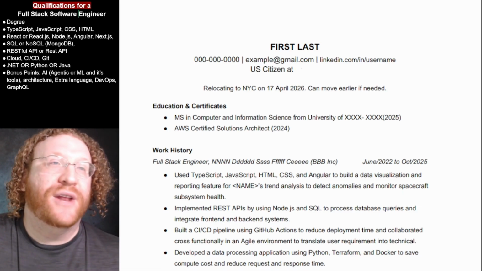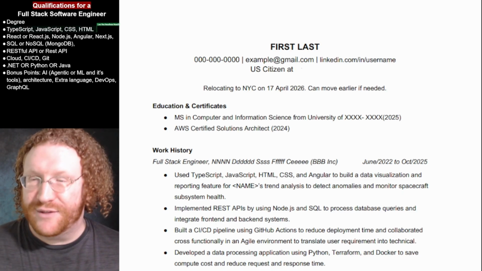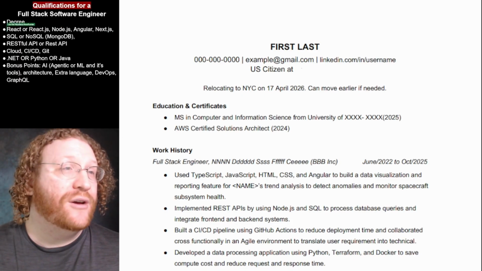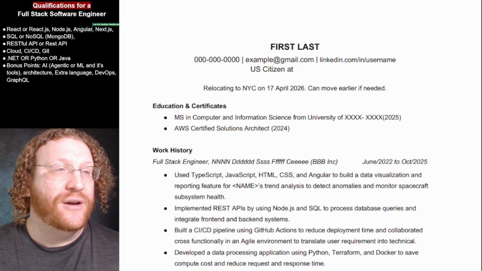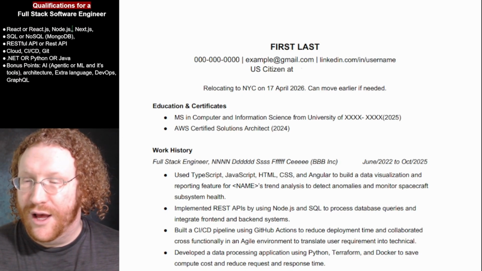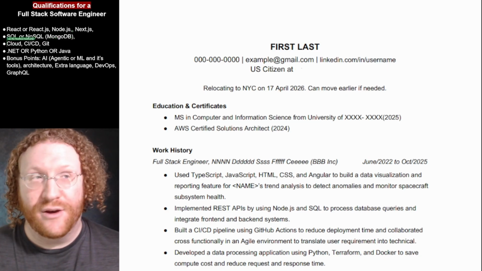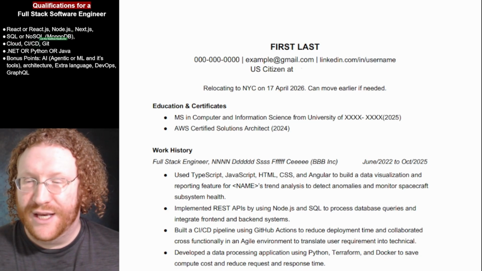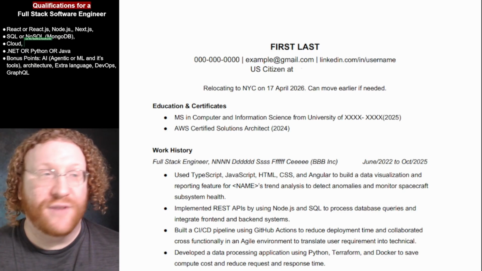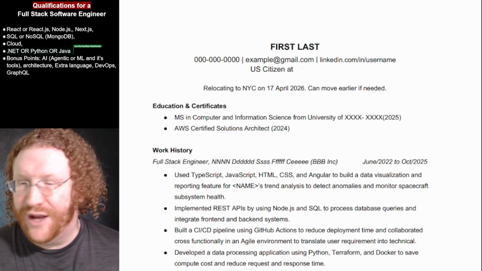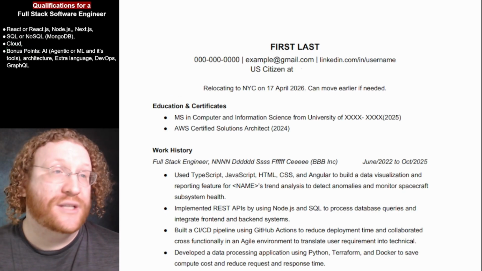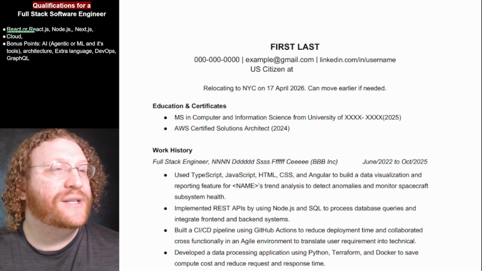Is there anything here that I think I'm missing? So I see JavaScript, TypeScript, HTML, CSS, Angular, good. I see the degree, good. I see Angular. I see RESTful APIs is good. Cloud we don't have again. CI/CD and Git I see is fine. I see .NET and Python, so I see Python, that's fine. I see SQL, that's good.